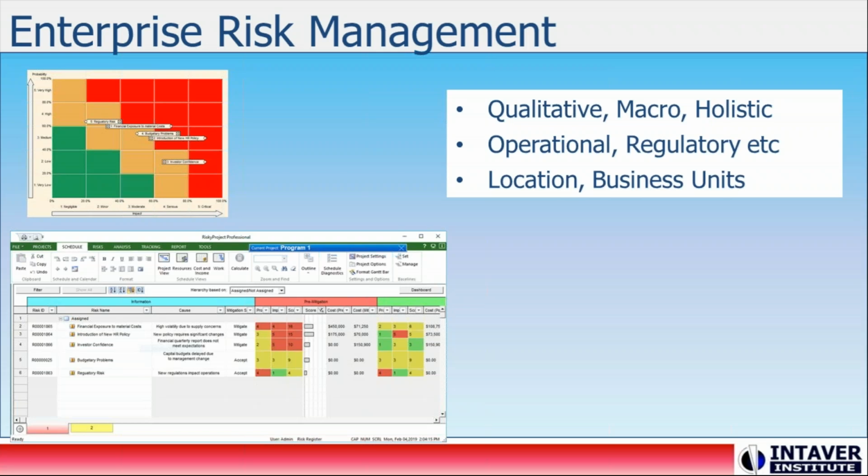It can be operational risks, regulatory risks, etc. Rather than on projects, they tend to be focused maybe on locations, geographic locations, facilities, business units. And these risks are often due to political uncertainties, regulatory changes. And the common tools that we see used in that would be heat maps, or risk matrices, or risk registers.